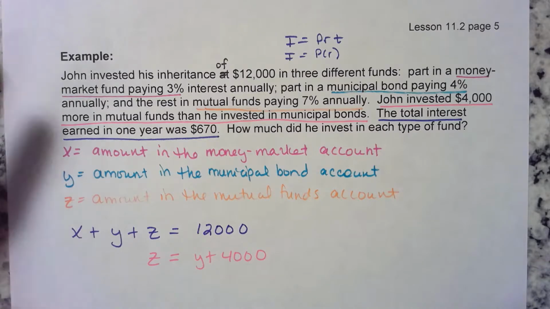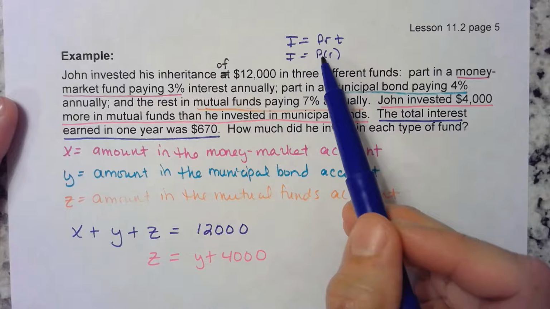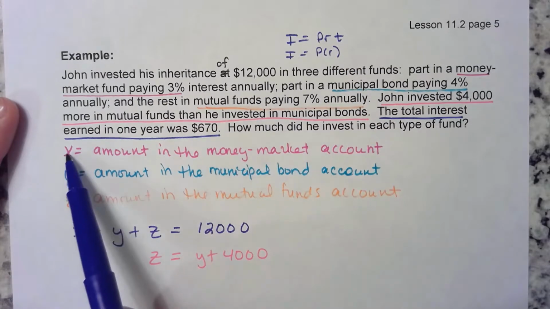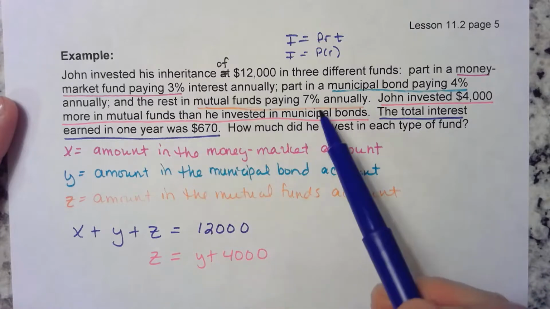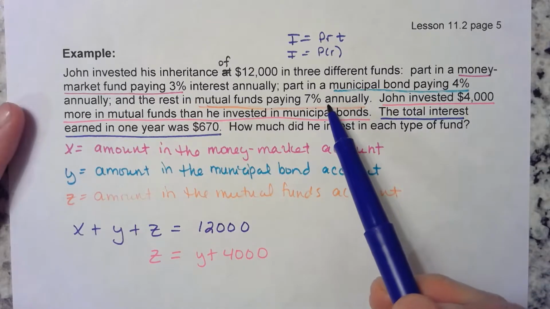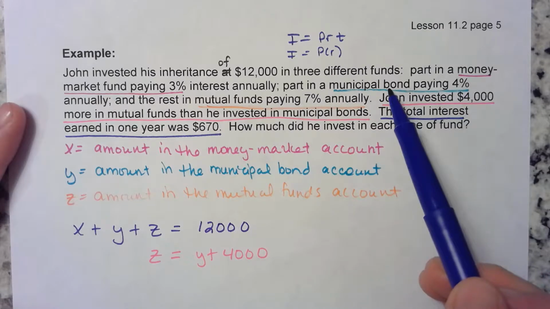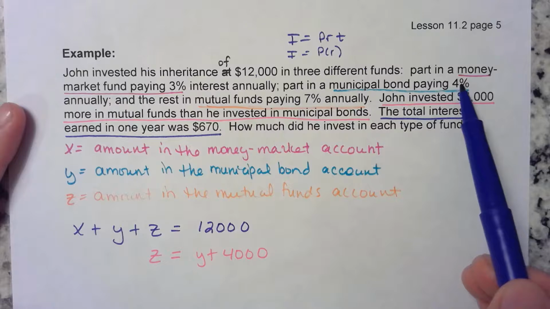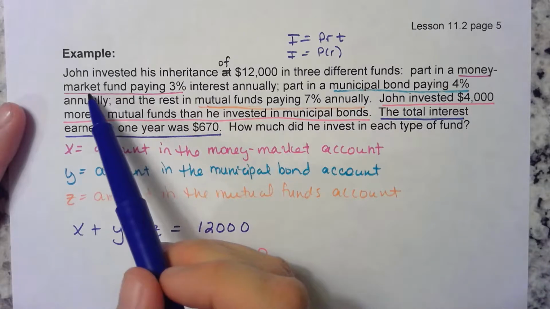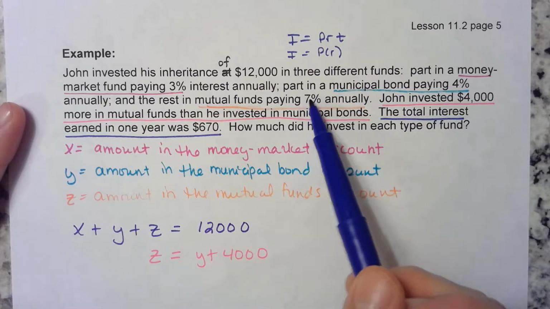So to get our third equation, we calculate all the interest for each one of them. The principal would be our X, our Y, and our Z, and our rate is given to us in each of these situations: 3% on the money market fund, 4% on the municipal bond, and 7% on the mutual funds.